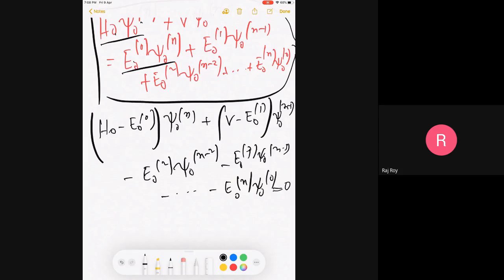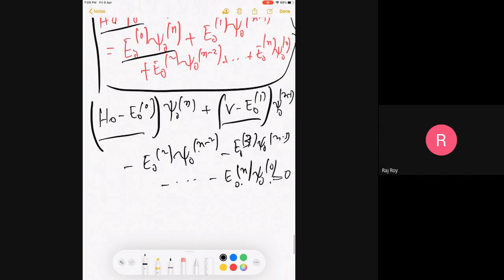So only 2 terms will look like this, where the Hamiltonian will be there. The rest are very, very simple. You move from low E naught to high E naught, and from high psi 0 to low psi 0. At the end, it will be n 0. I hope you can see this is very simple to write.